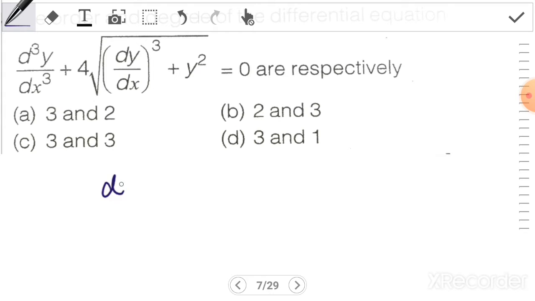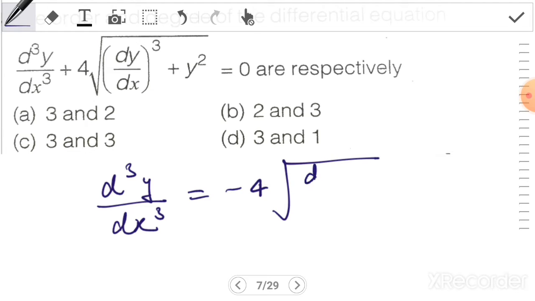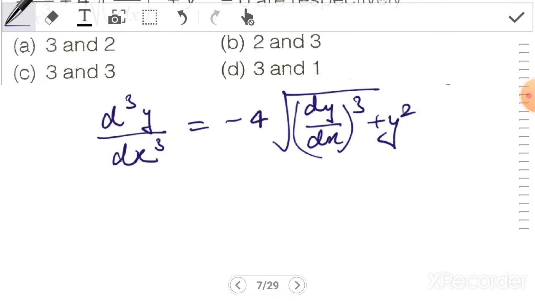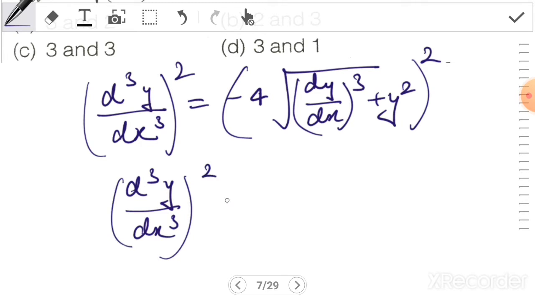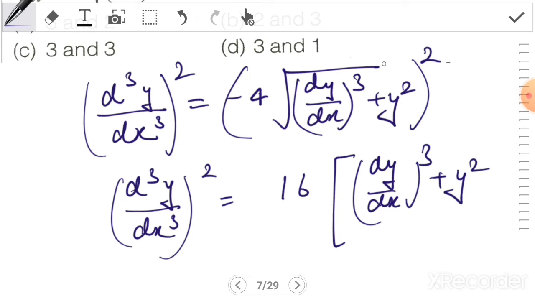So d cube y by dx cube, taking squares on both sides, we have d cube y by dx cube whole square is equal to 16 dy by dx whole cube plus y square.